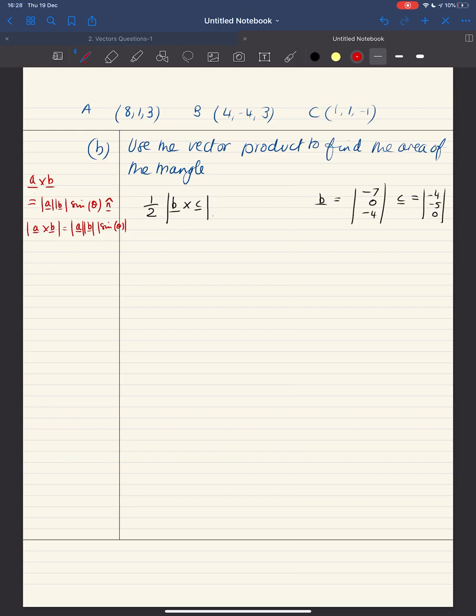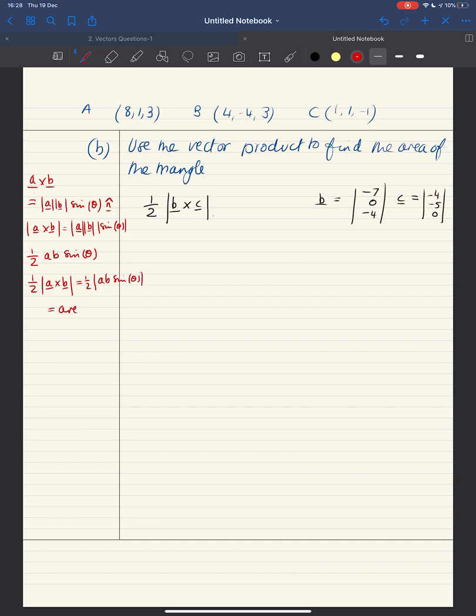And then, if you remember from GCSE, the area of a triangle is a half AB sine theta, where theta is the angle between them. So a half of the modulus of A cross B is a half of the modulus of A, modulus of B, sine theta.